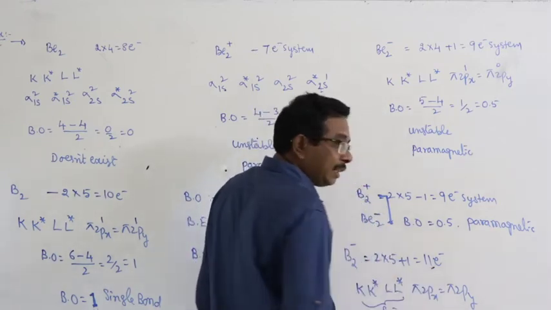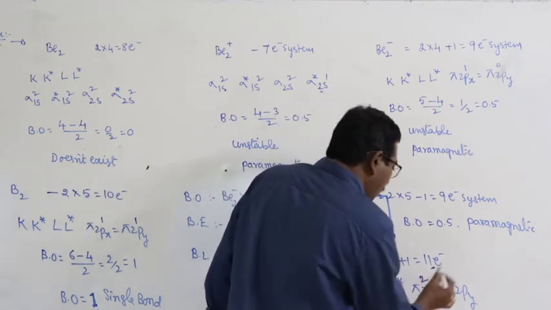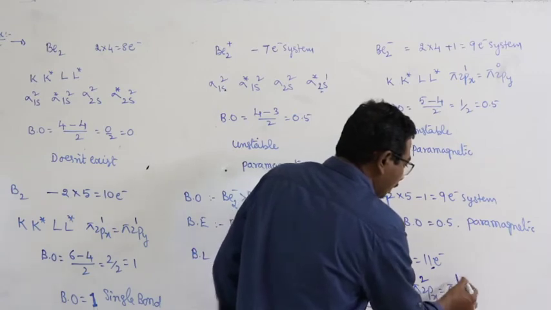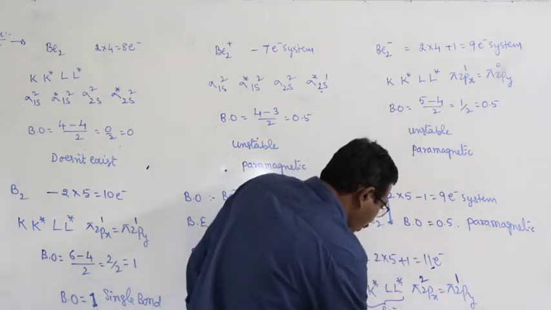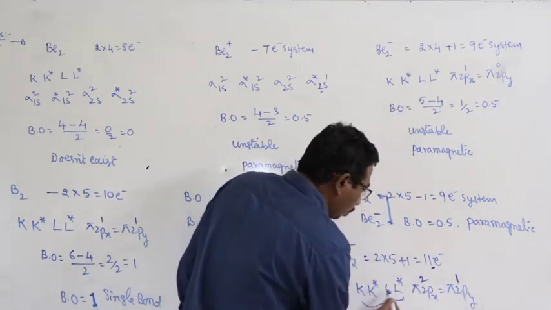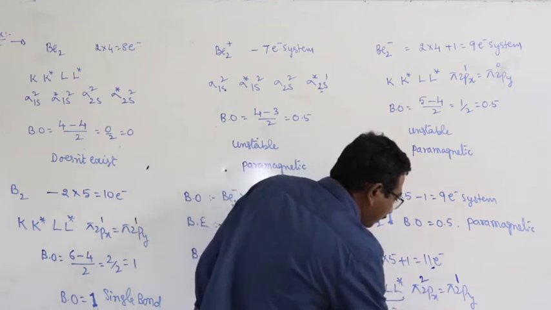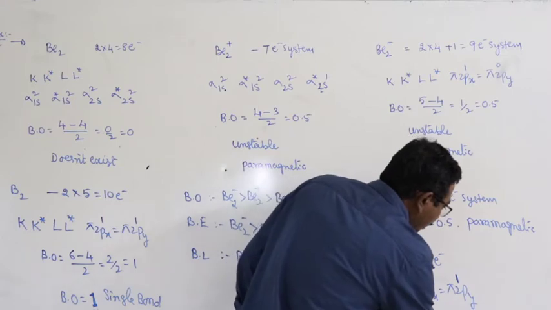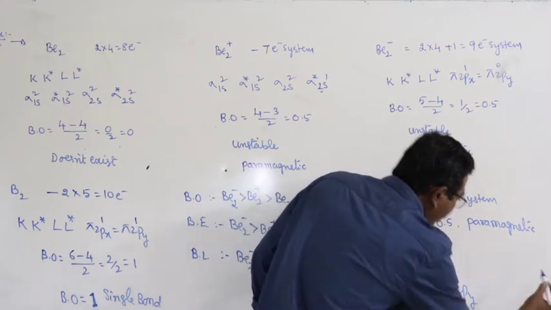Here how many electrons are there? 11. 8 plus 2, 10. 10 plus 1, 11. Therefore, bond order is equal to 2 plus 2, 4, 4 plus 3, 7, 7 minus 4 by 2, that is equal to 3 by 2 is equal to 1.5.